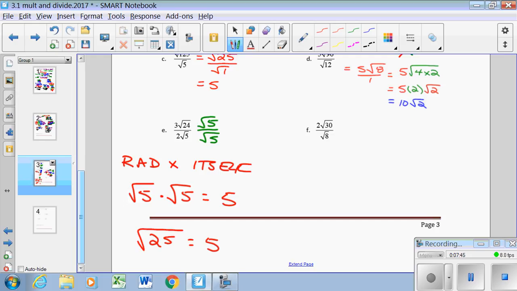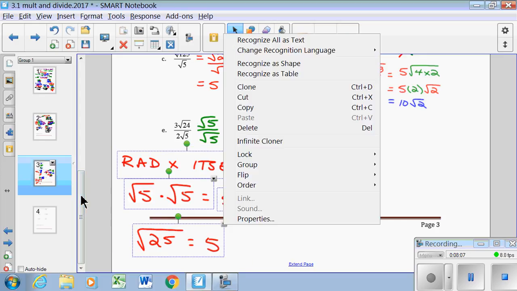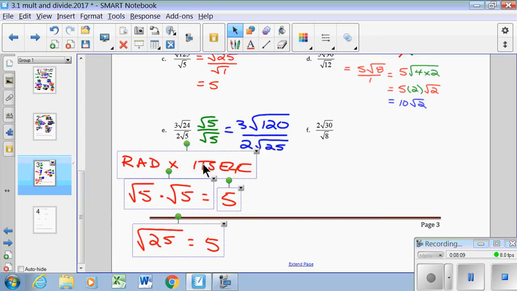So when I go to do this question now, I have 3 and 24 times 5. I want to work that out. And on the bottom, 2 with 5 times 5, I want to work that out as well. But 24 times 5 is going to be 120. So our idea right now is to simplify so that the radical in the denominator goes away.